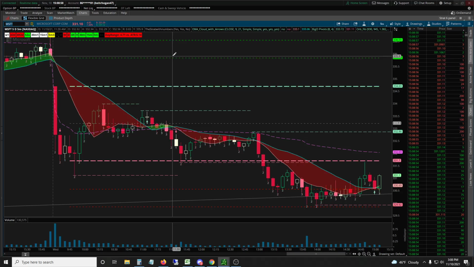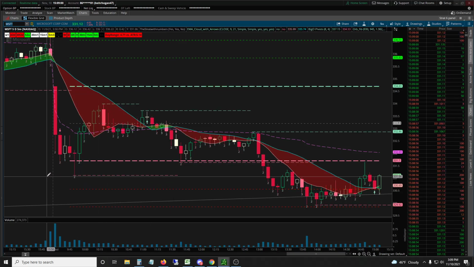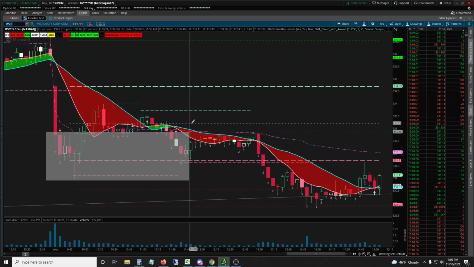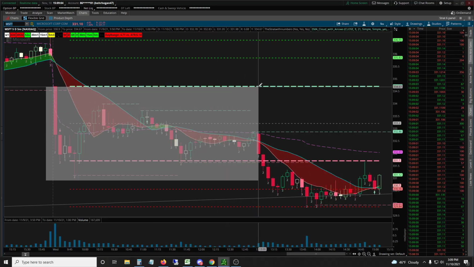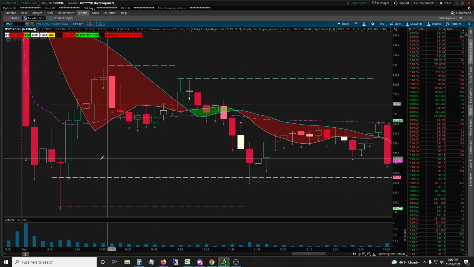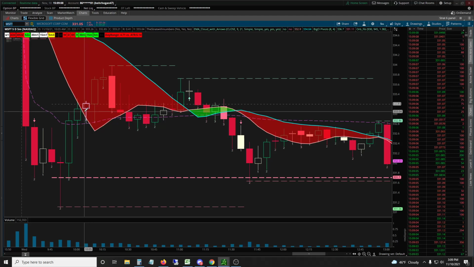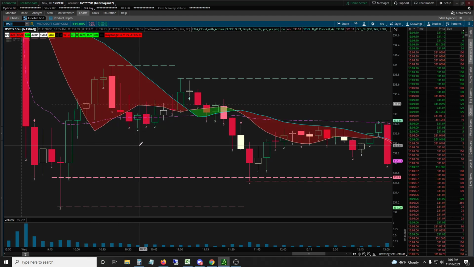As far as the candles, for those of you that know the strat or are familiar with the strat, you can skip past this part. Rob Smith, who created the strat, you can find him on Twitter at Rob in the Black, and on YouTube I think it's Smith in the Black. Just go to Twitter, search for hashtag the strat, and you'll see all kinds of resources.